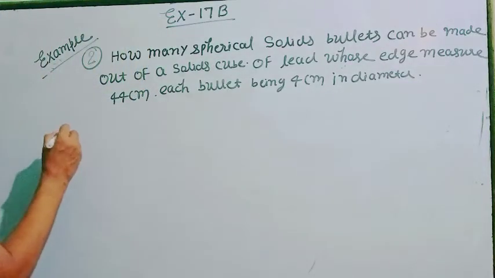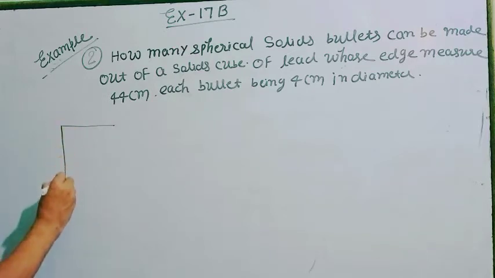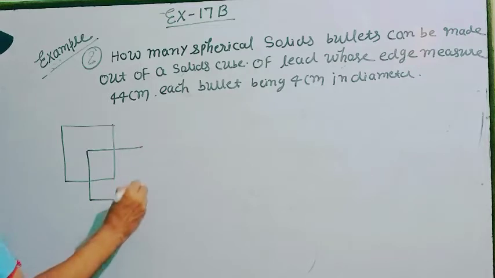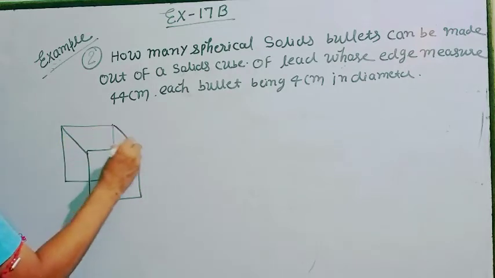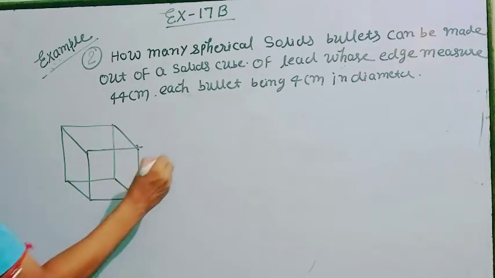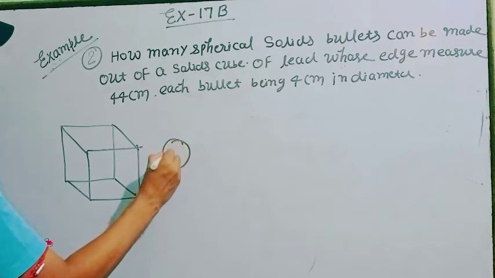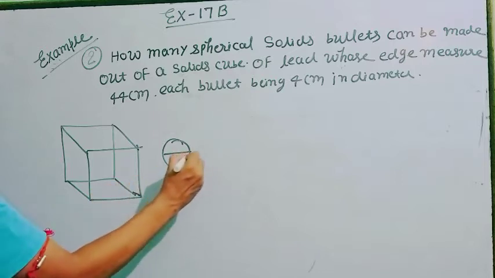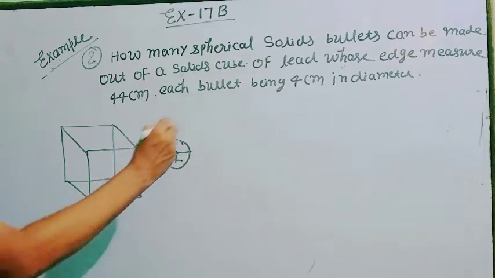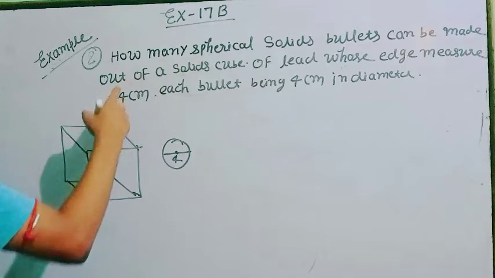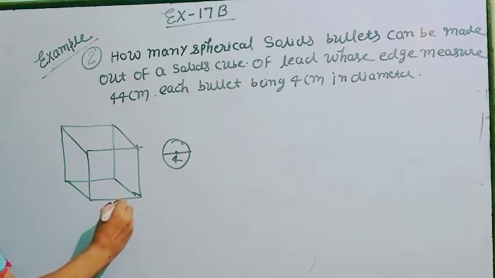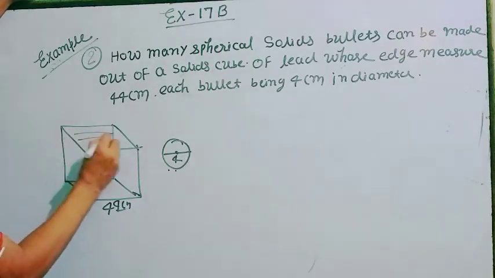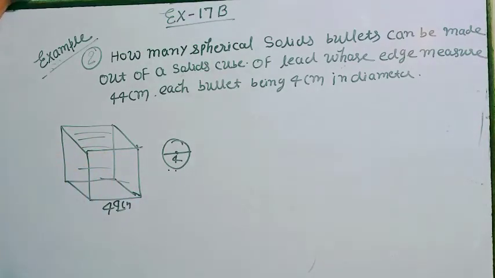Your question is, it is a cube and it is melted and recast into spherical bullets whose diameter is 4, so the radius of this sphere is 2, and the side of the cube is 44 cm. Then how many bullets can be made from this solid cube?